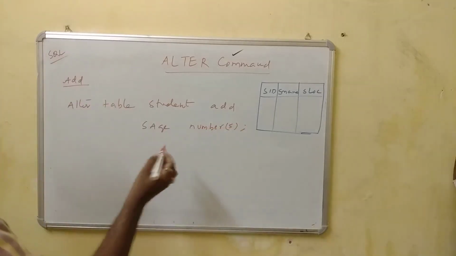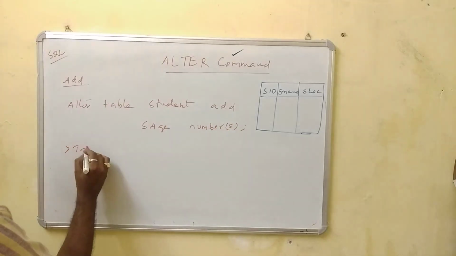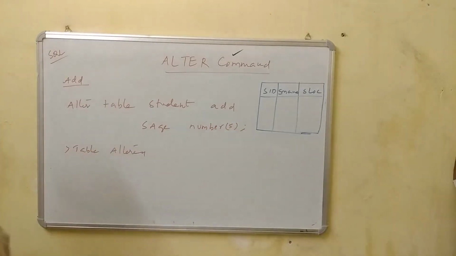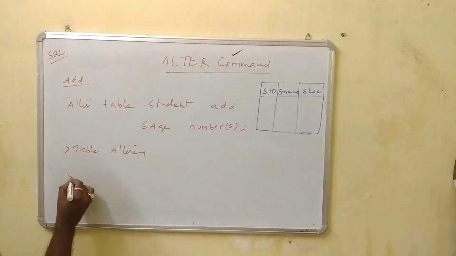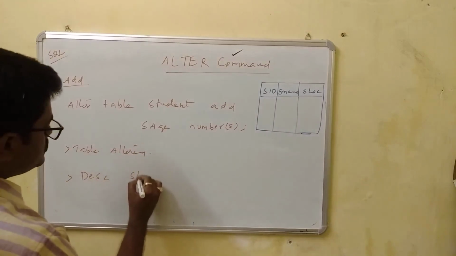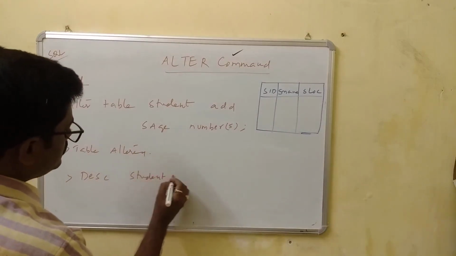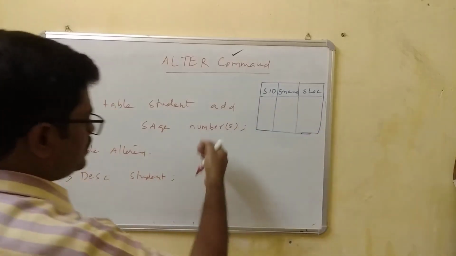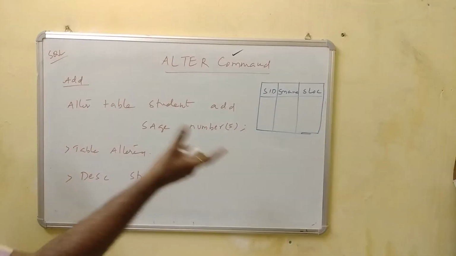After doing this, we will get the prompt that the table is altered. If you want to see this change, describe student, that is, describe table name. We can see 4 columns visible with their column names and data types.